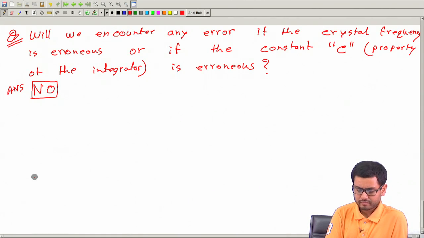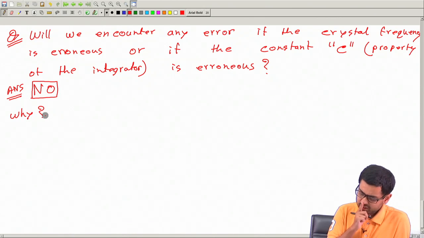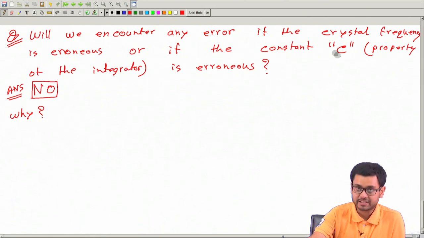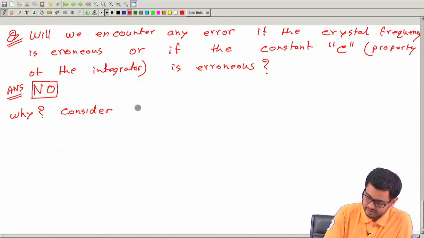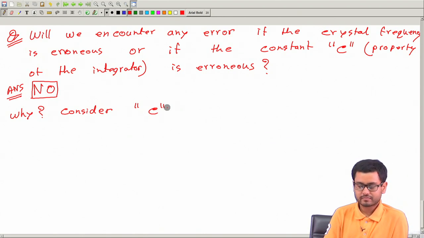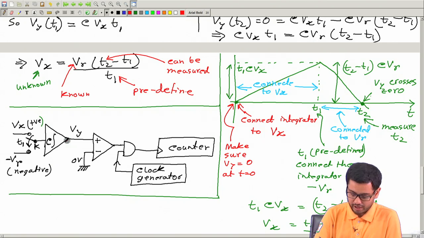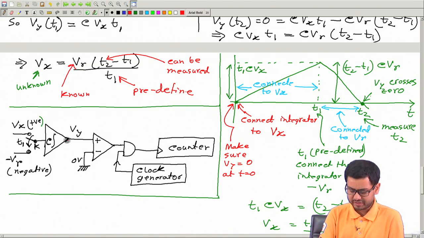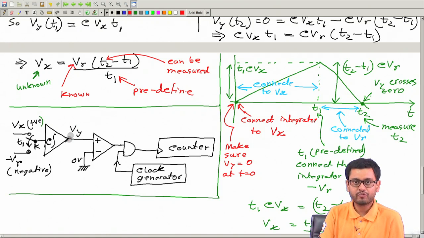Why? So, let us first consider this constant C. What happens if the value of C is increased? It means the integrator is changed due to some problem, due to aging or something, so that for the same input now the output will increase faster.